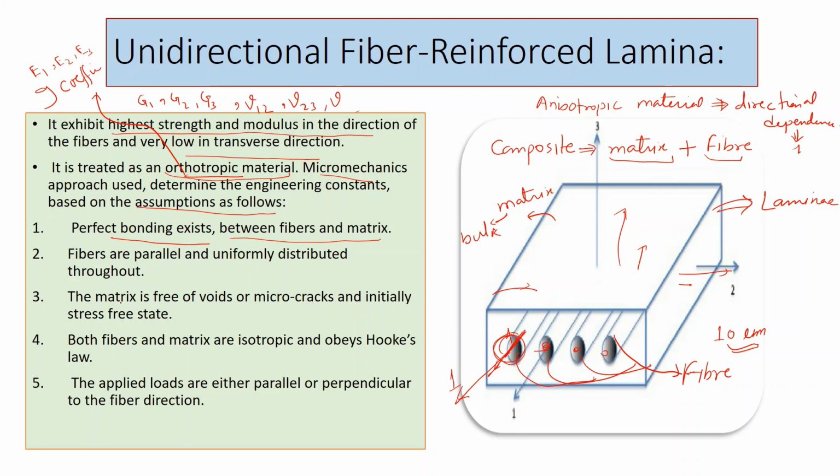And the matrix is free of voids. So we assume that there are no voids in this matrix, and no cracks or microcracks, and initially no stress is developed in it. So it is a stress-free state. Now, both fibers and matrix are isotropic and obey Hooke's law.